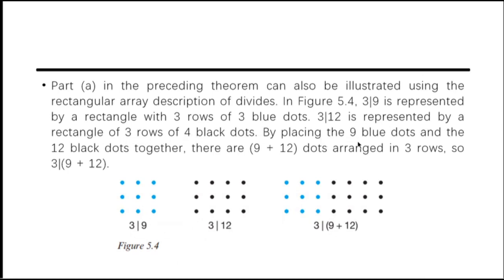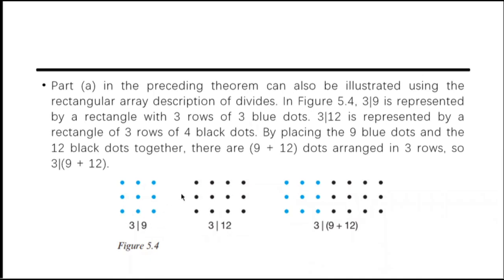By placing the 9 blue dots and the 12 black dots together, there are 9 plus 12 dots arranged in 3 rows. So, 3 divides the sum of 9 plus 12.